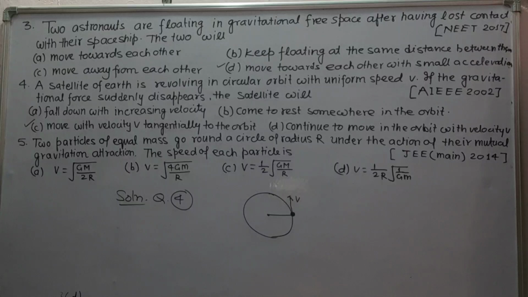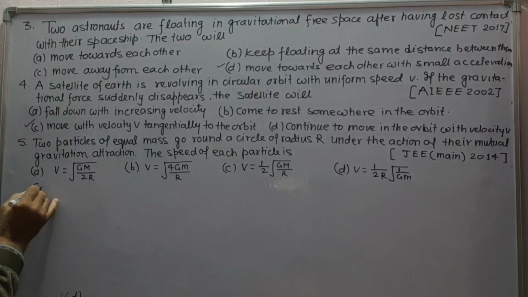Next question number 5. The question is, two particles of equal mass go round a circle of radius r under the action of their mutual gravitational attraction. The speed of each particle is. So, solution to question 5.